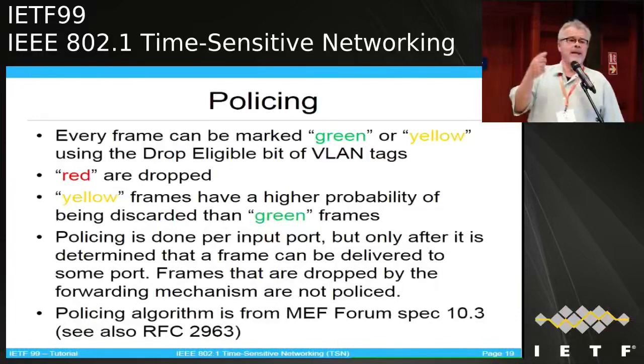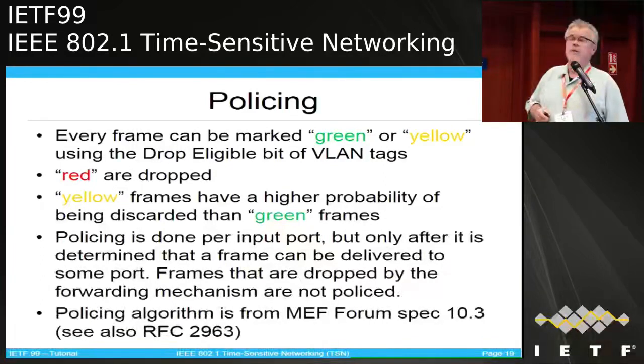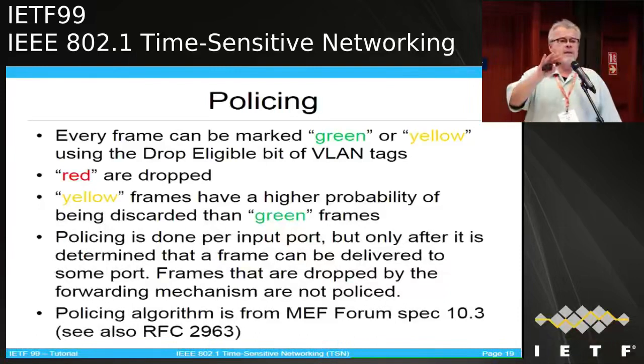So every frame we can identify which flow it belongs to. We can mark it the usual red, green, yellow. We can also have timed gates that say, this port is open for packets of this type, now it's closed.